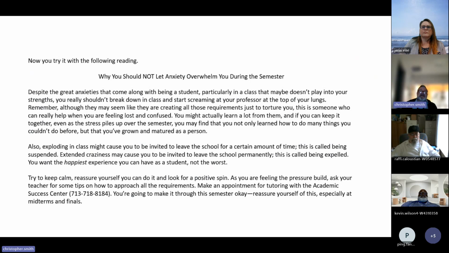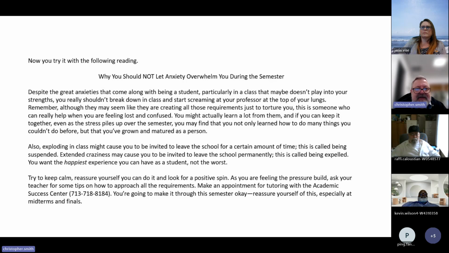Despite the great anxieties that come along with being a student, particularly in a class that maybe doesn't play into your strengths, you really shouldn't break down in class and start screaming at your professor at the top of your lungs. Remember, although they may seem like they are creating all these requirements just to torture you, this is someone who can really help when you are feeling lost and confused. You might actually learn a lot from them.